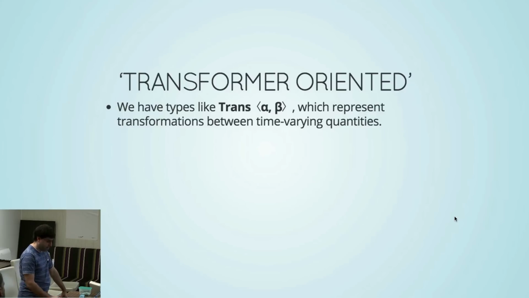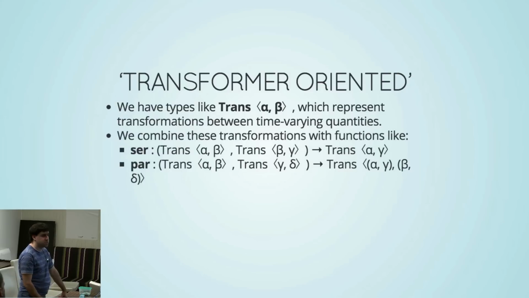How do we combine them? Well, we have functions that take these transformers and create new transformers out of them. The two most basic combinators would be serial combination, which means that we take a transformer and pipe its output into the input of another transformer, and this way we yield a transformer whose types match the end types, of course.